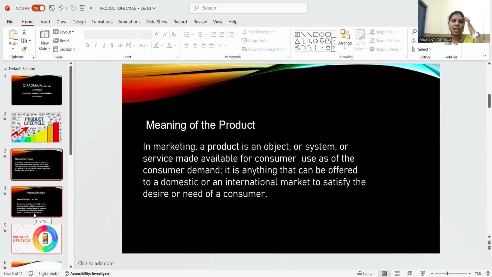In marketing, a product is an object or system or service made available for consumer use as per the consumer demand. It is anything that can be offered to a domestic or an international market to satisfy the desire or need of a consumer.